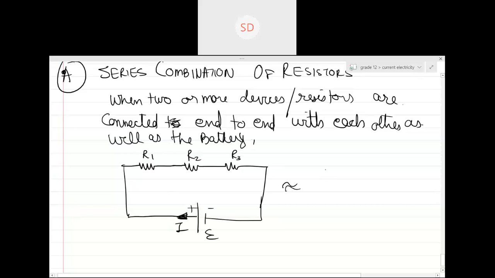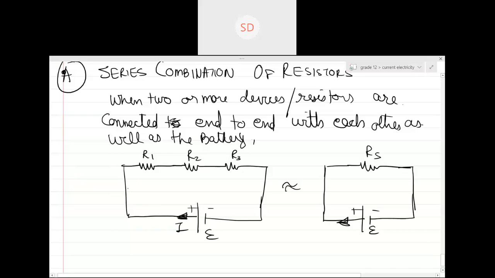And what do I need to do? I need to group these, the net combination of the series of these resistors. I think you have already done the derivations of these, right? Can you see series? There is only one branch here.